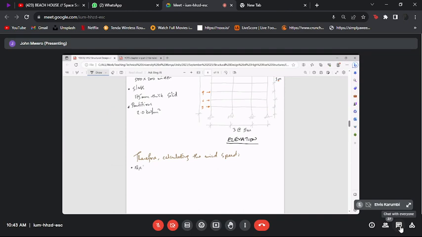So basic wind speed V is 28 meters per second. To calculate the design wind speed, we know that the standard we are using is CP3, yeah? CP, not CB, CP3.